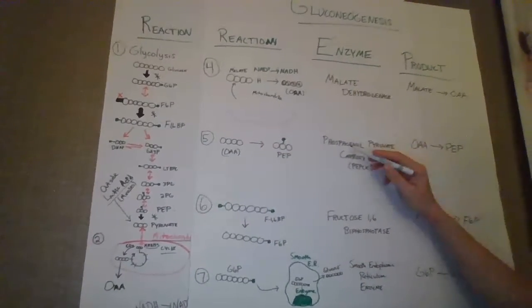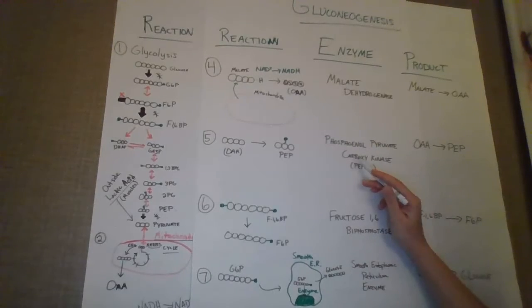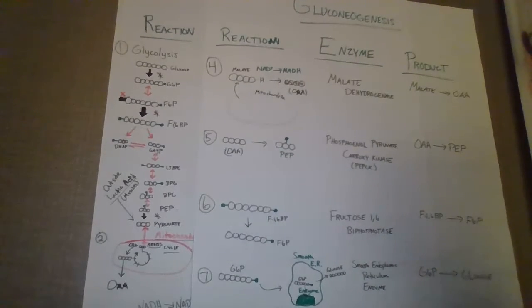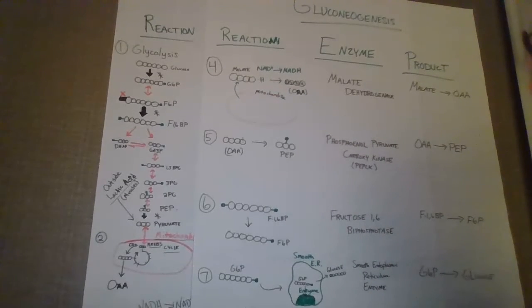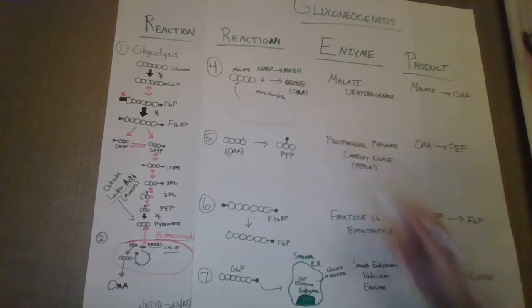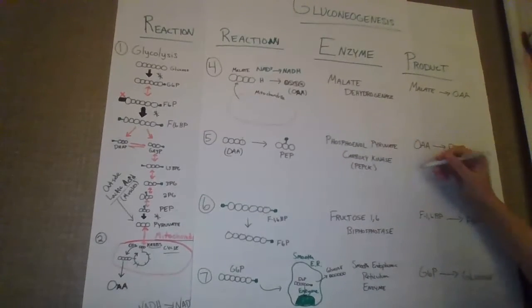And that's going to happen through this special enzyme known as phosphoenolpyruvate carboxykinase. So not only is it going to take off one of these carbon molecules, but it's actually going to add a phosphate back into it. So it's a pretty big process for this enzyme here.